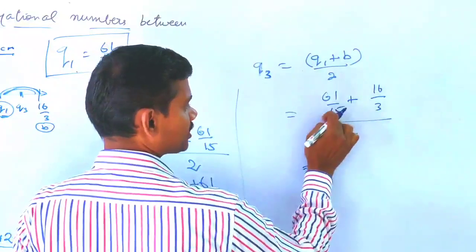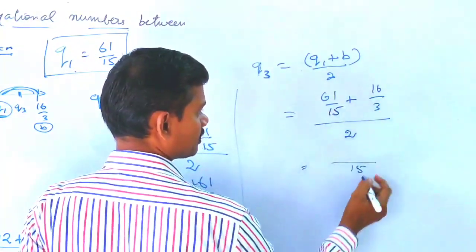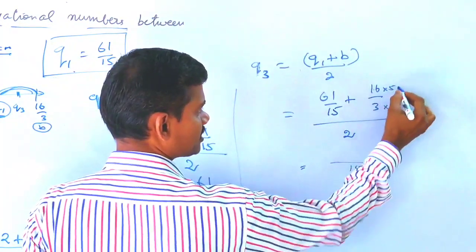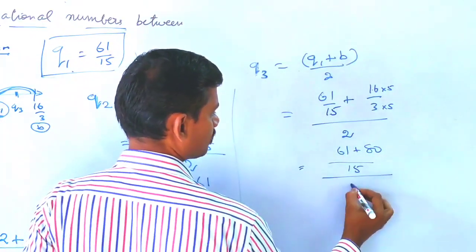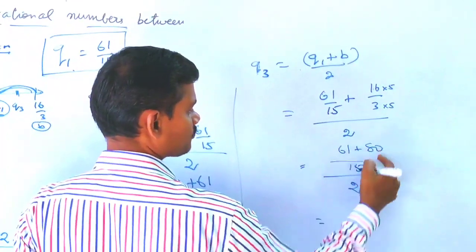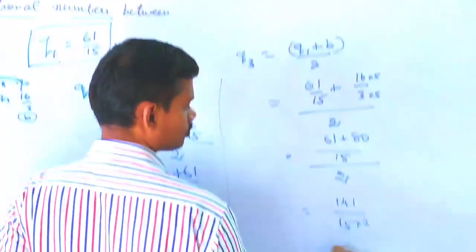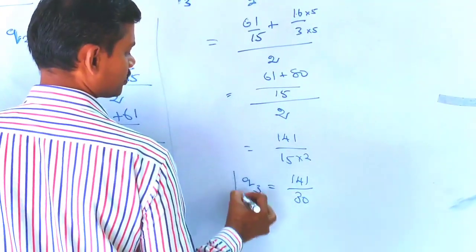Now we are going to add the numerators. The denominators should be the same. I am going to multiply both numerator and denominator by 5. 16 into 5 is 80. Here 61 comes as it is, whole divided by 2. 61 plus 80 gives 141 by 15 into 2 gives 30. So this is the third rational number Q3.